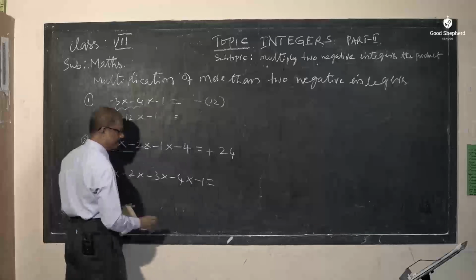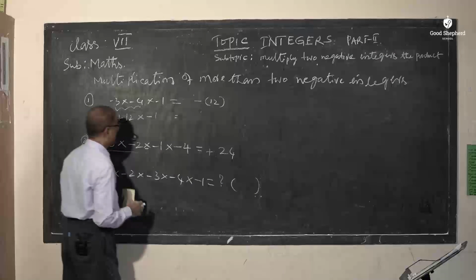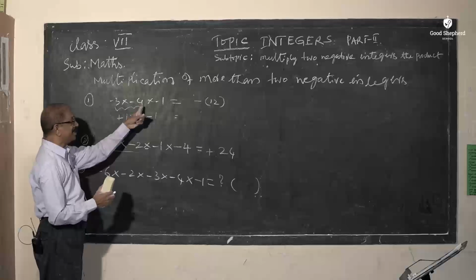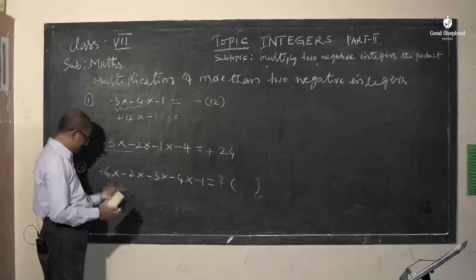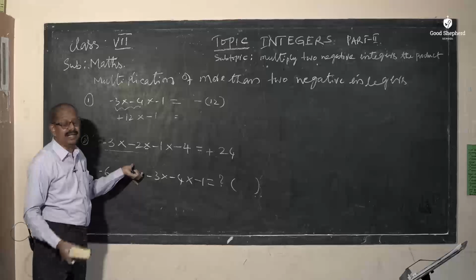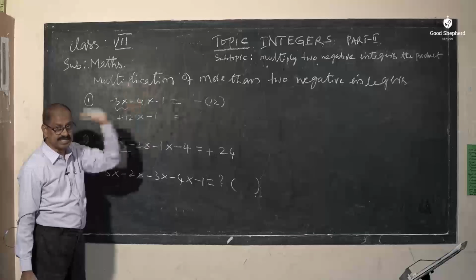What is the number? Then what sign shall I keep? Here there are 3 negative numbers, next 4 negative numbers, and again 5 negative numbers.